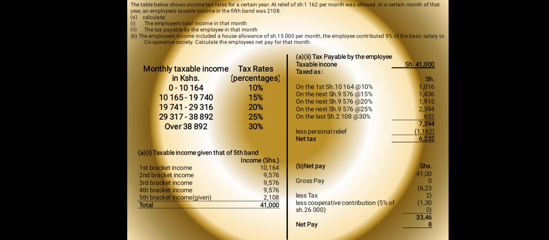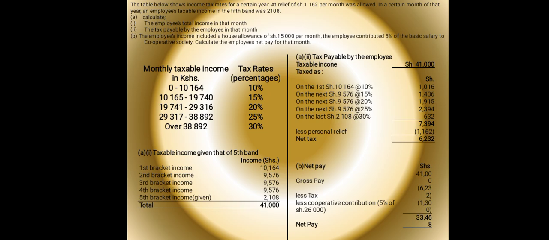The fifth bracket we were given the income that was taxed in the fifth bracket. So automatically we just get the incomes of the other brackets before the fifth. The first bracket is 10, the second is 9,000, the third is 9,000, the fourth is also 9,000. Add the 2,000 for the fifth bracket together, the employee had an income of 41,000 shillings.